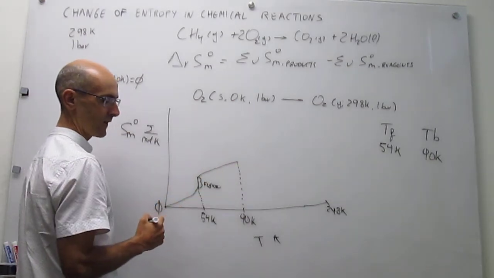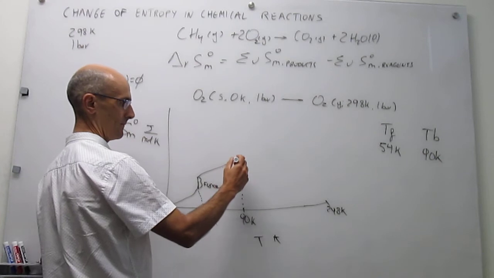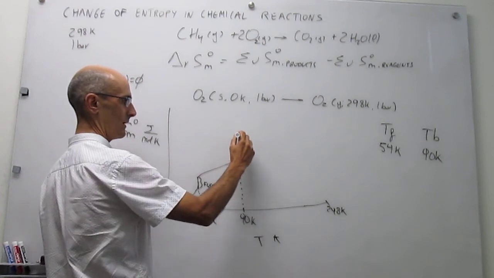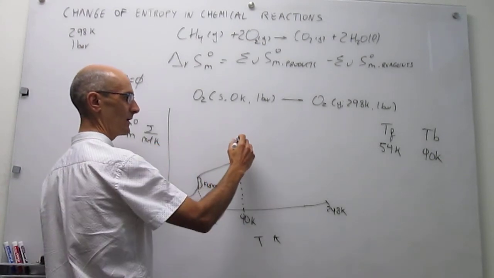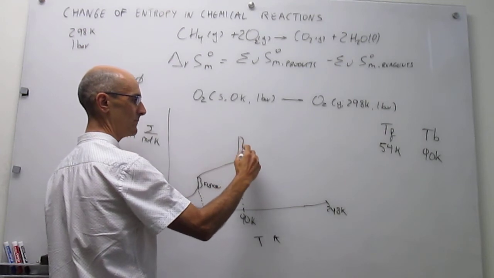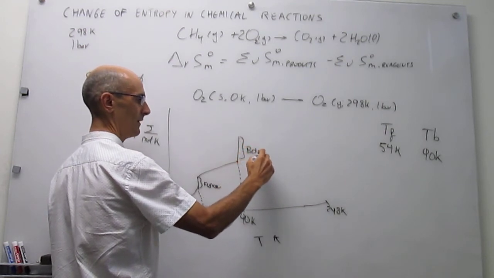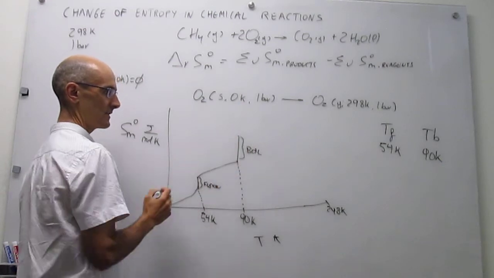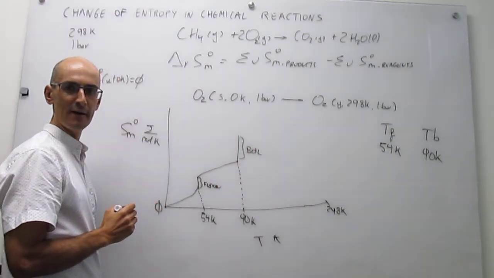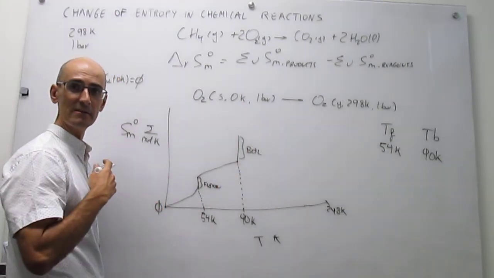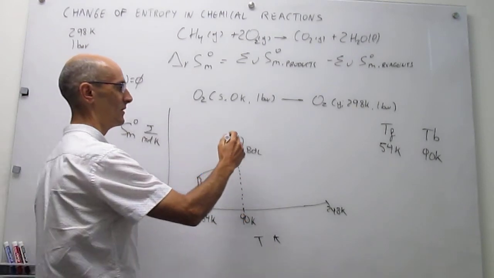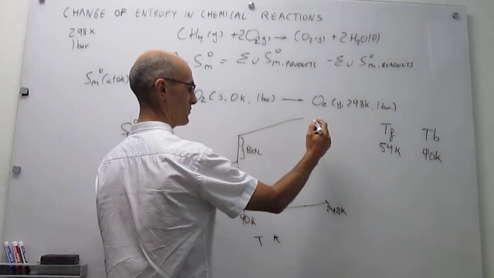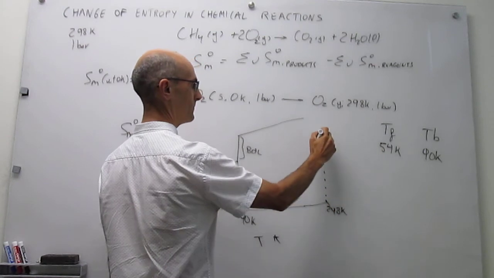At this point, you're ready to boil that oxygen, so the entropy will increase. There's no change in temperature; that is just the boiling or vaporization. At the end of this process, you just have gas oxygen at 90 Kelvin, and the only thing you have to do is bring it to your temperature, which will be 298 Kelvin right here.